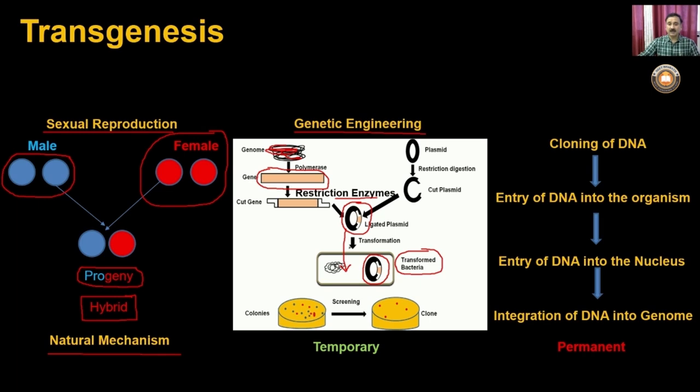This particular type of bacteria carries the gene from a foreign organism, but it is not going to be a permanent species, because after a few cycles this plasmid is going to be removed, for example. The other case could be that you clone the DNA into a vector, and then you introduce this vector DNA into the organism.